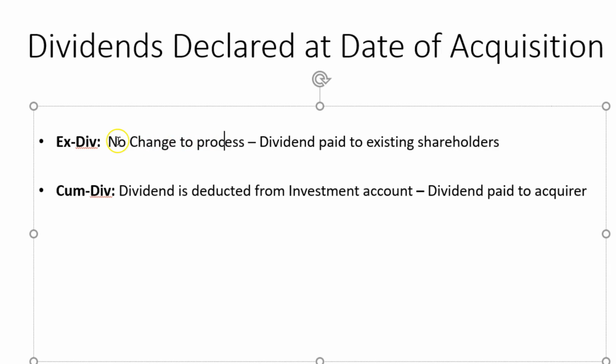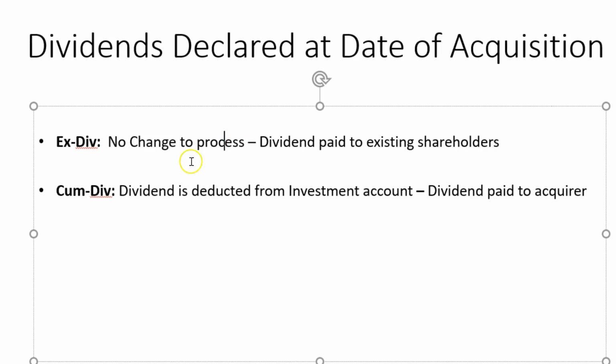Now the reason for this is that when you declare a dividend, you will record the dividend payable liability on your balance sheet. This will reduce the net assets, and so when you acquire that company, the net assets will already be reduced by that payable amount, and that cash will go to an external party and will have nothing to do with you. And so there is no change.